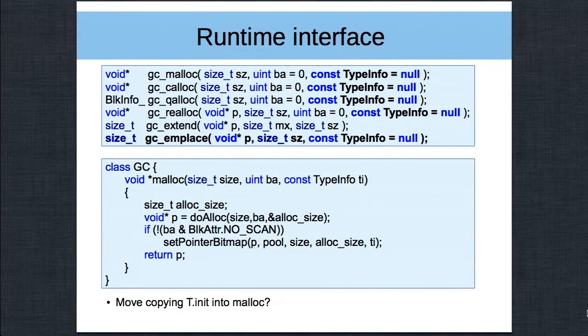So the runtime interface has a very simple extension. All those allocating functions for the GC get an additional type info parameter, and this will be used then to extract the runtime type info. I have added this function here, GC in place, to make it possible to actually change or put a specific type into that memory area.